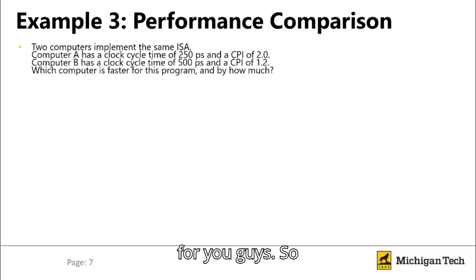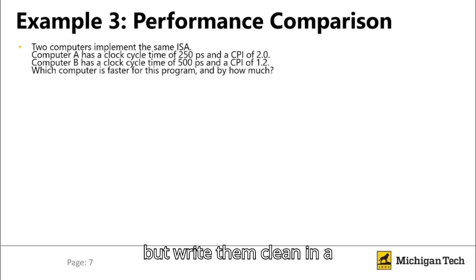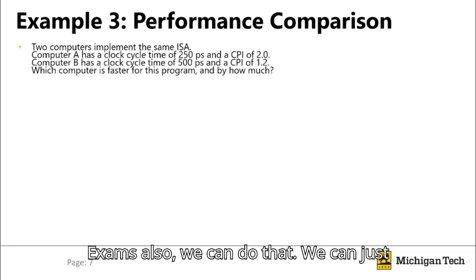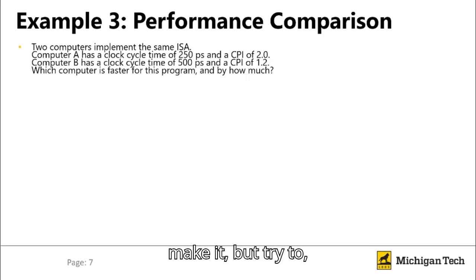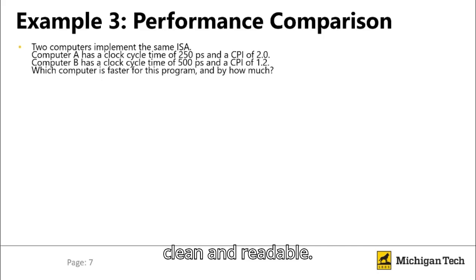I got a TA for you guys, so it's going to be easier for marking. You can just write them up, but write them clean, in PDF format, and send it to me. For exams also, we can do that. If you write by hand, try to write it clean and readable.